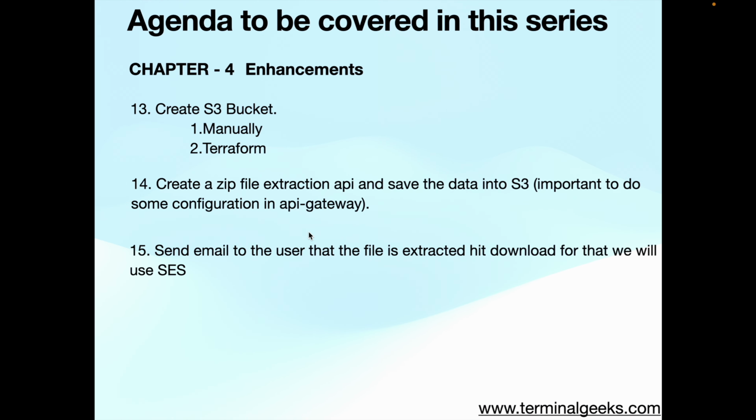Once the zip file is extracted and the data is saved into S3, we will tell the user that the file is extracted and they can download it. We will give the download link through email, and for that we will use an email template. That is the enhancement part.